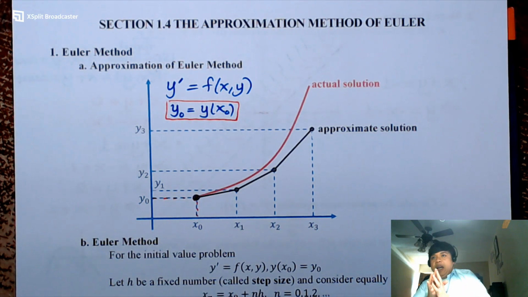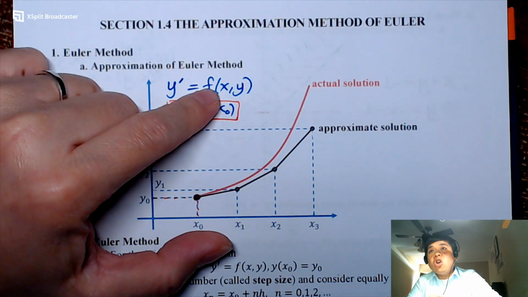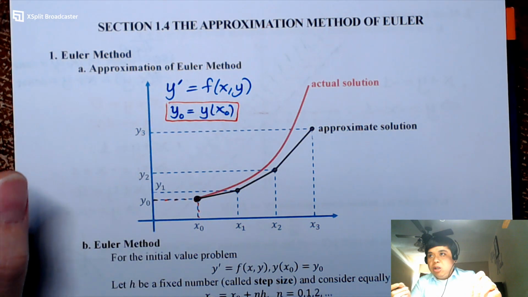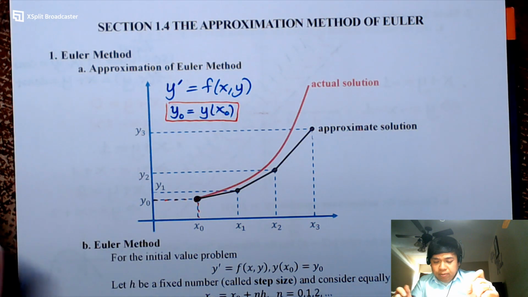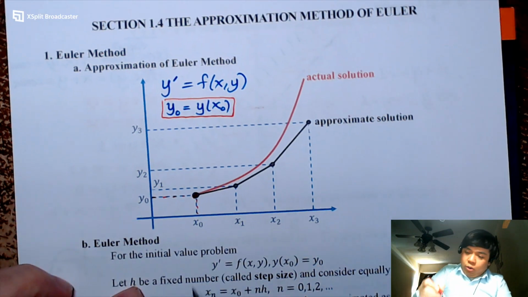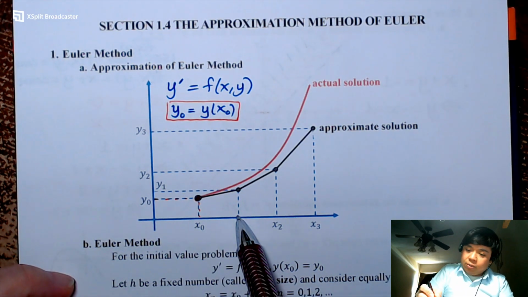Okay, then we say, if that is the case, the function will give us the derivative. Derivative is the slope. So we have one point, x naught. If we want to go to x1, then what is going to be y?